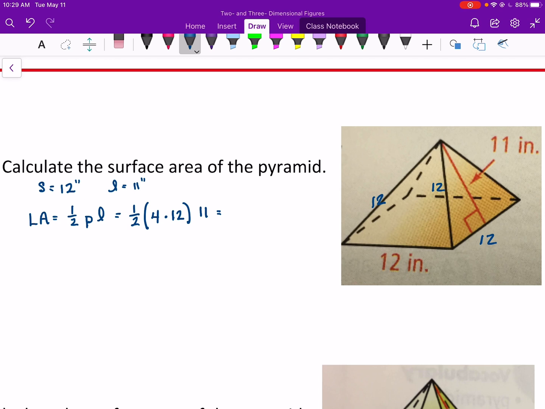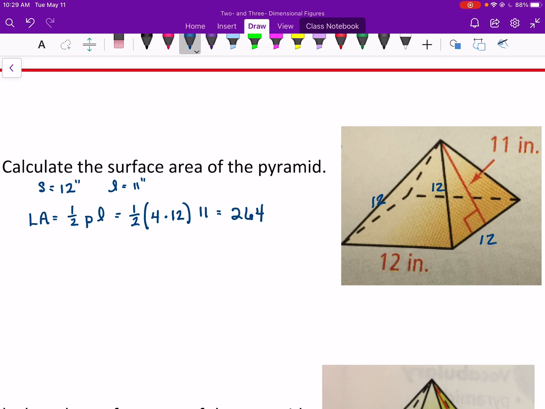Remember, multiplying times 1/2 is the same as dividing by 2, okay? In case you get confused by some of these. So, plugging it into my handy dandy calculator, 1/2 times 4 times 12 times 11 is 264.